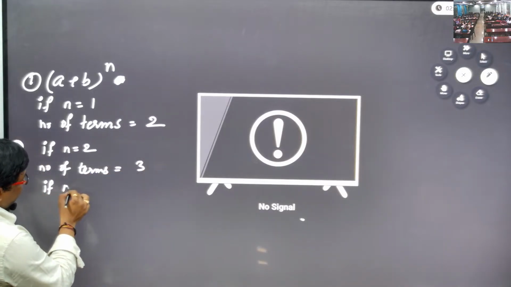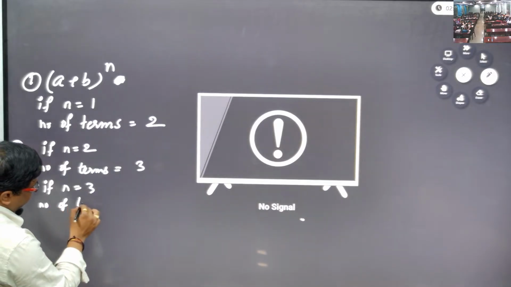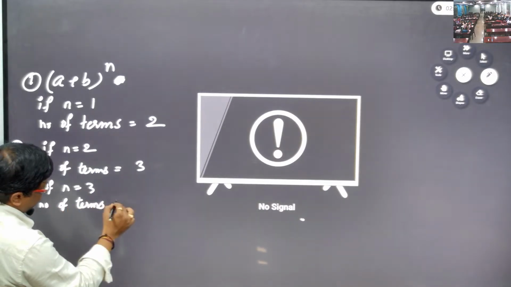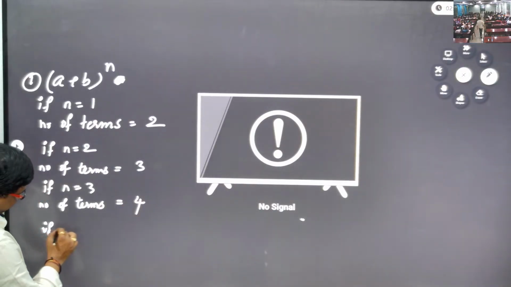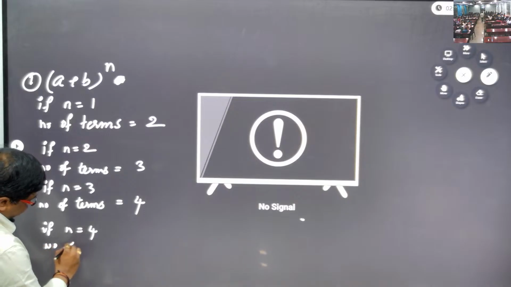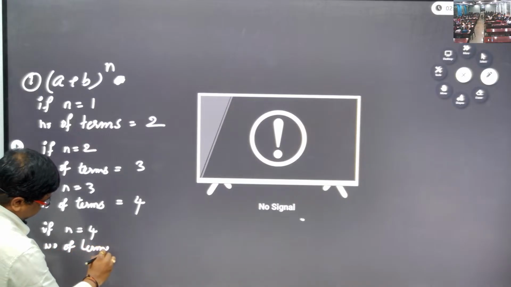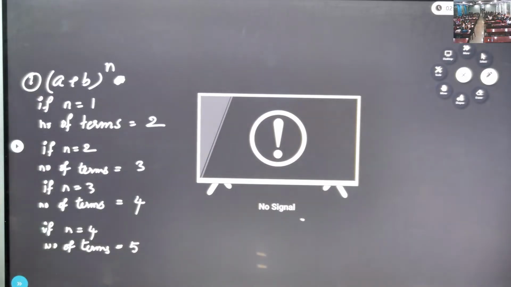Next, if n is equal to 3, number of terms is equal to 4. If n is equal to 4, number of terms is equal to 5. Right.